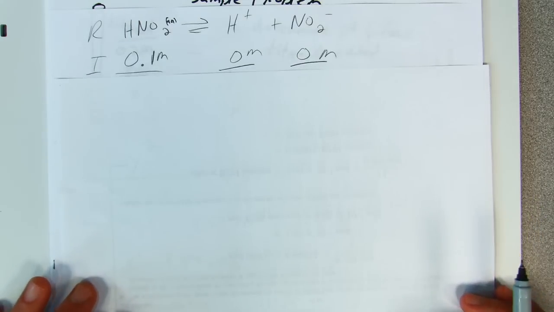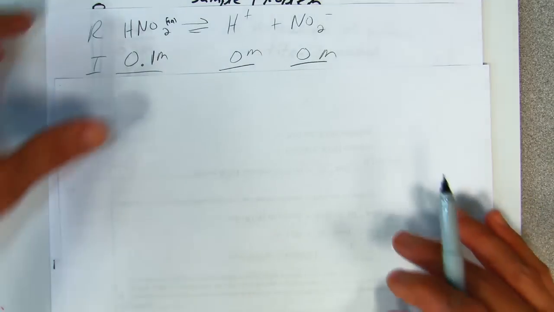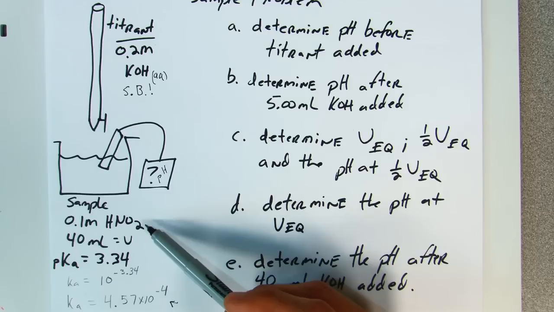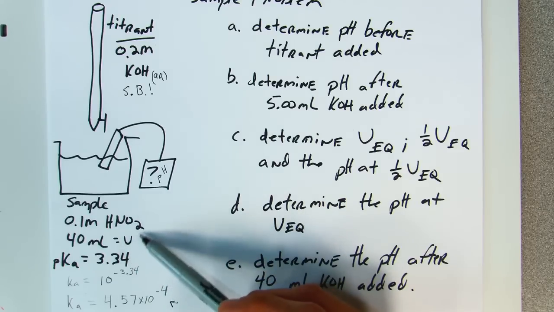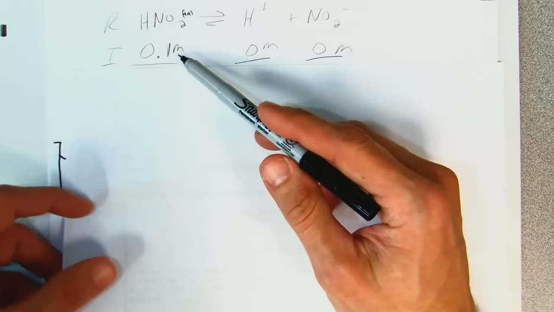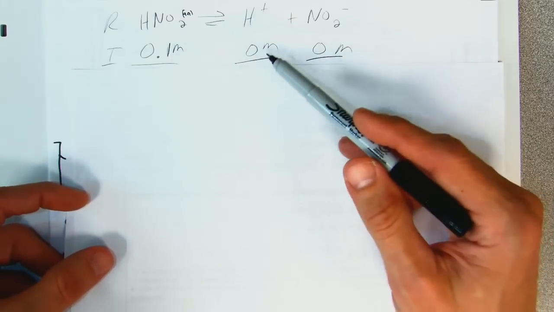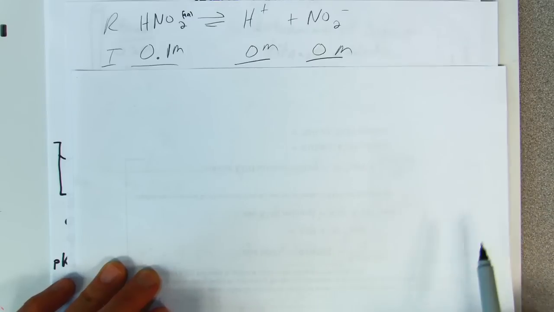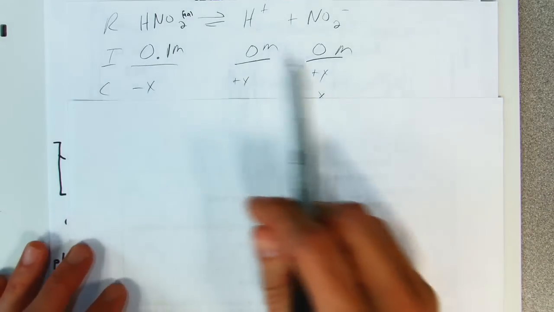I can specify my initial conditions. In the problem, if I look back, I had 0.1 molar HNO2, 40 milliliters of it, right? So notice in my RICE table, I add 0.1 molar, 0, and 0. Now certainly this acid will donate some of its protons, so we're going to shift to the right.